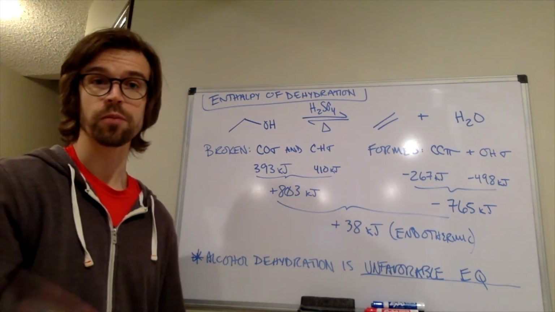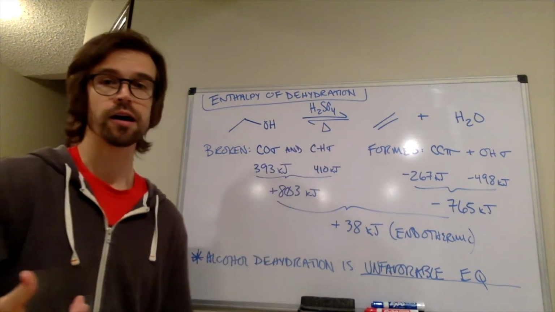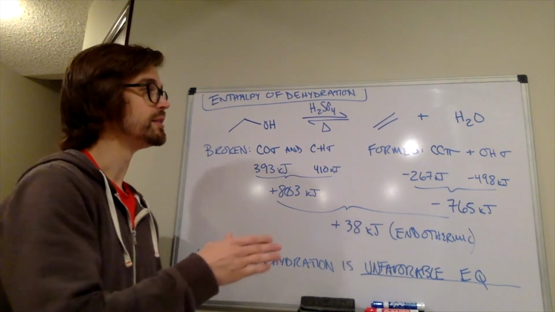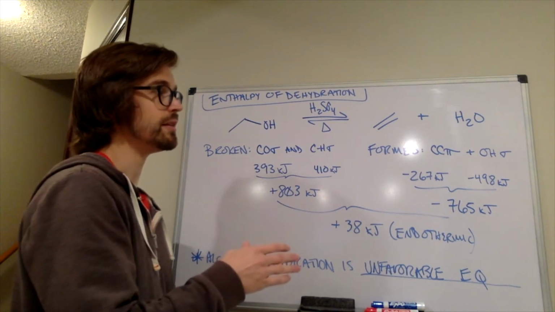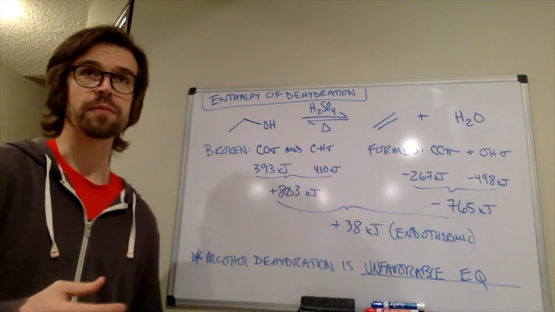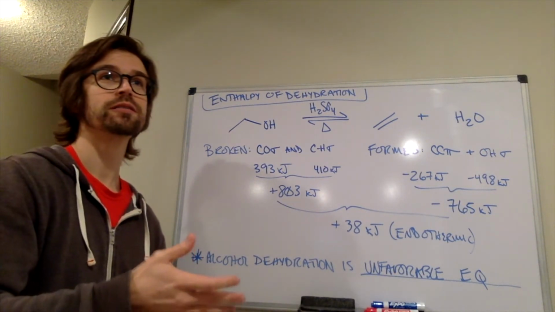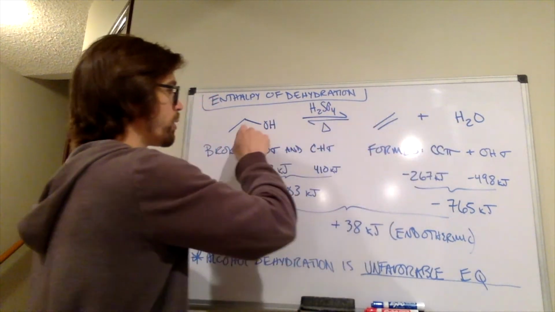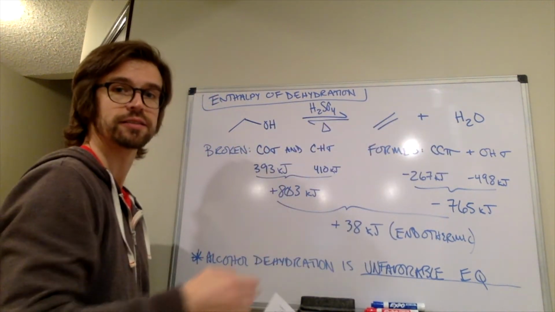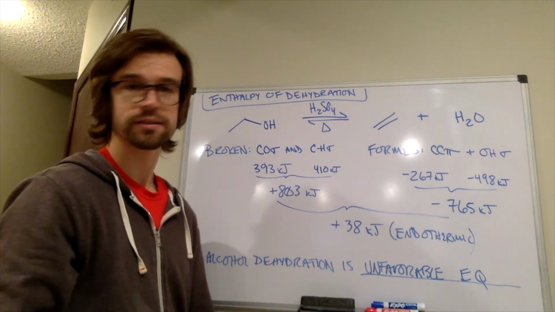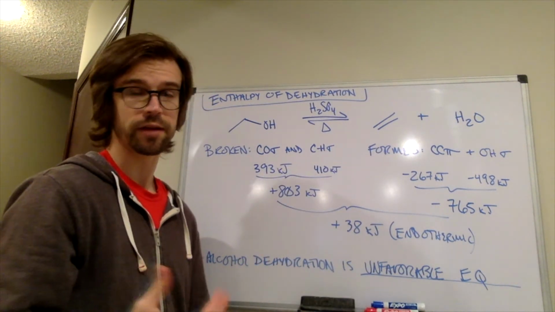One thing I also want to point out is the heat part. Why would heat be important? Well, as far as entropy is concerned, the randomness, a more random situation is favorable. We have two products, only one reactant, so this reaction in the forward direction increases randomness, which is a favorable thing.